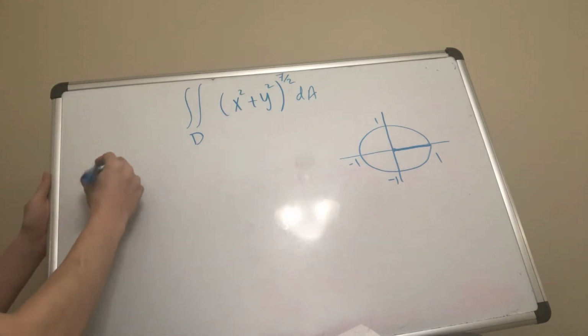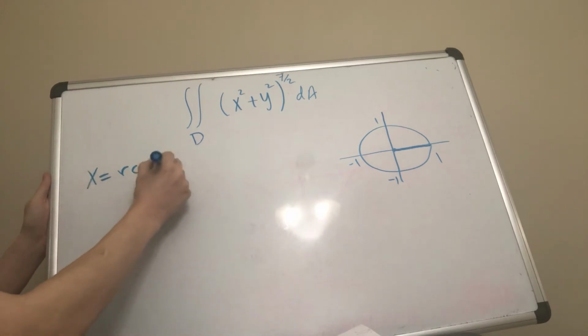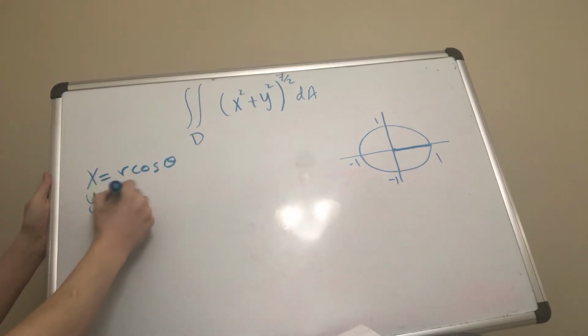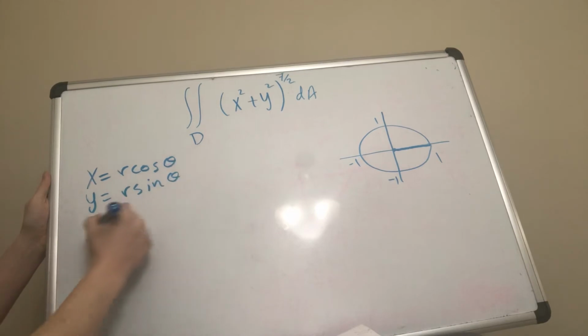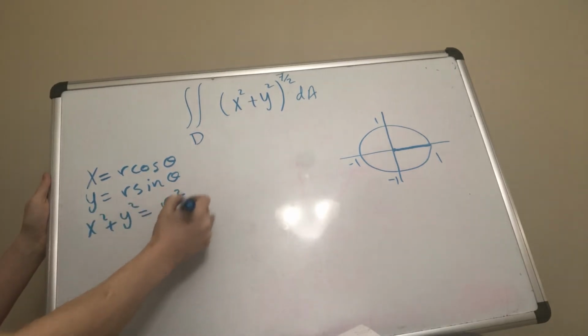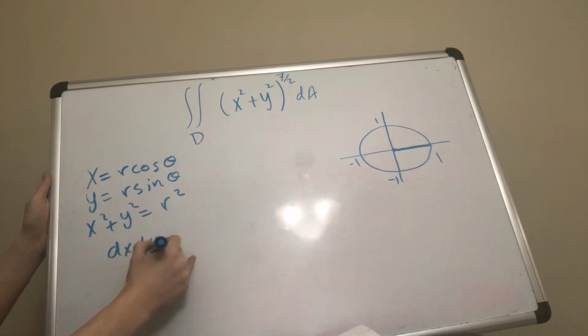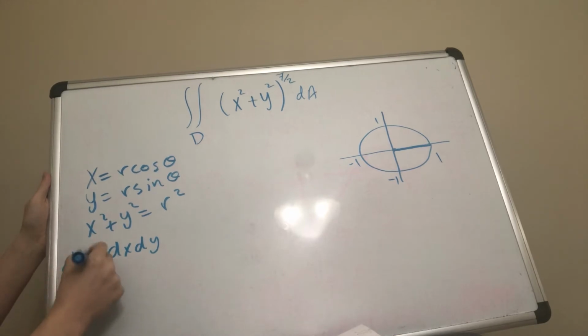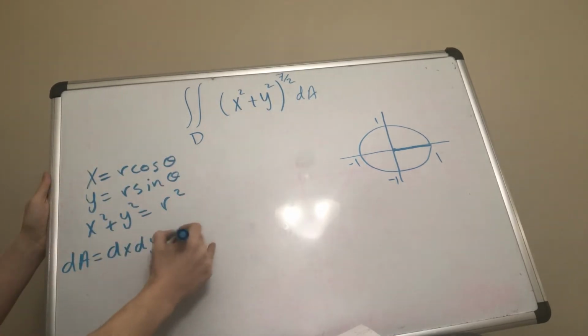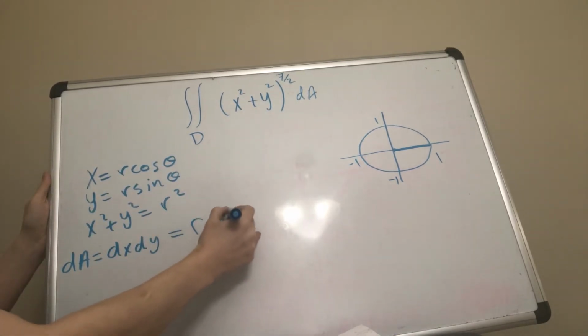Because remember, x is r cosine theta, y is r sine theta, and x squared plus y squared is r squared. And dx dy, which is also the area, is r dr d theta.